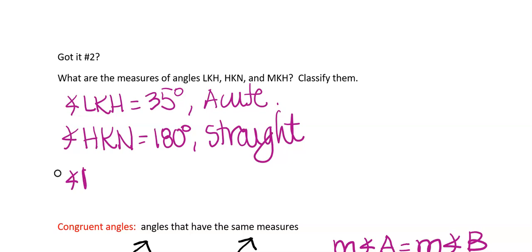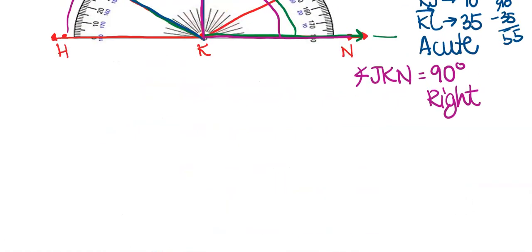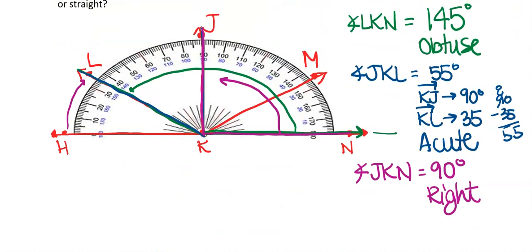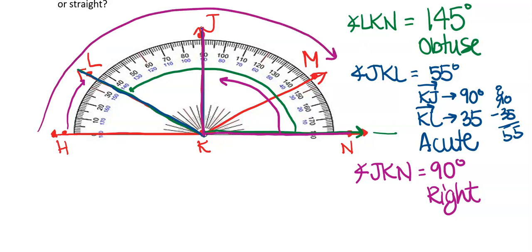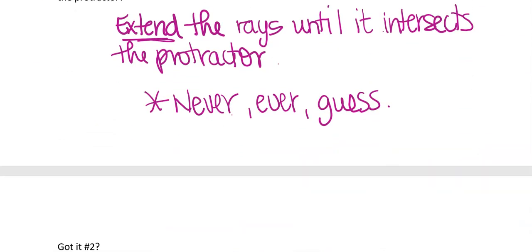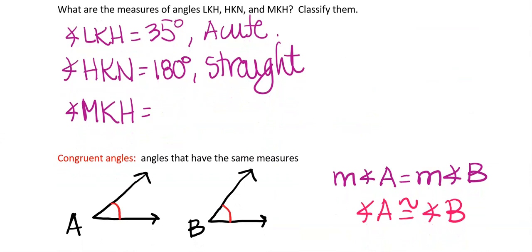And then angle MKH. Since one of the lines intersects 0, we'll use all the numbers on the outside to get to the M. So 0 to 145, and that would be obtuse because it's bigger than 90 and less than 180.